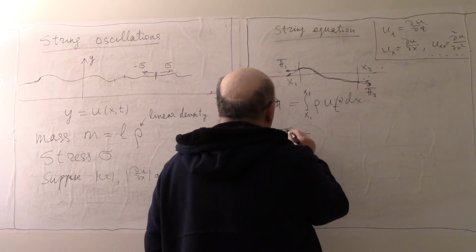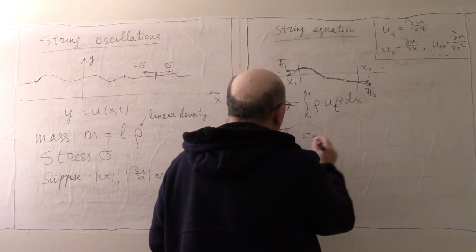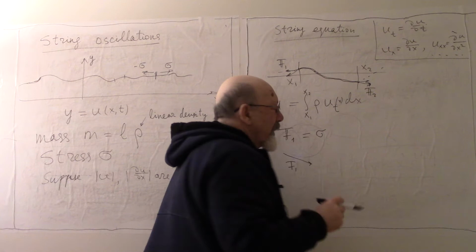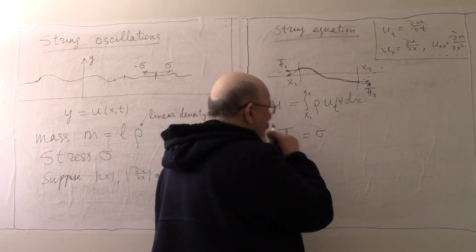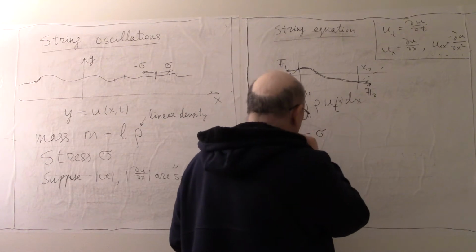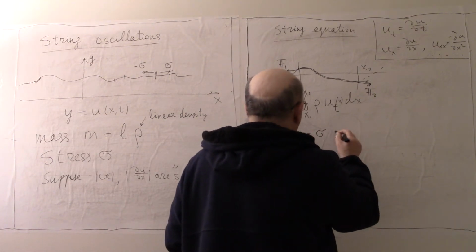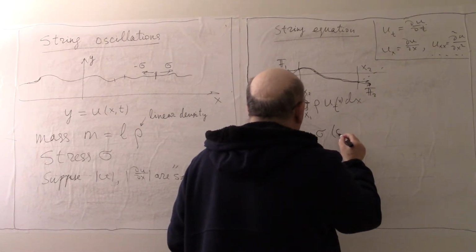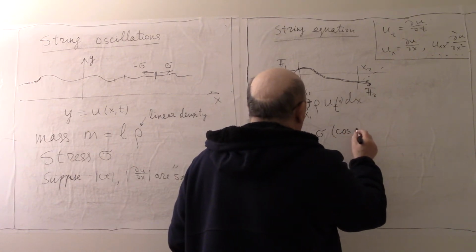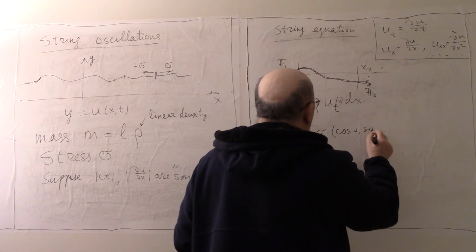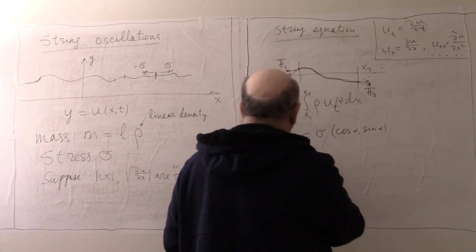Its horizontal component, first of all, is sigma, the modulus of this vector, times cosine alpha, and the vertical one is sigma times sine alpha.